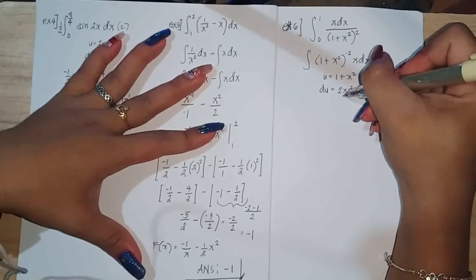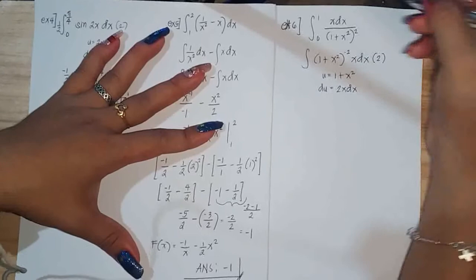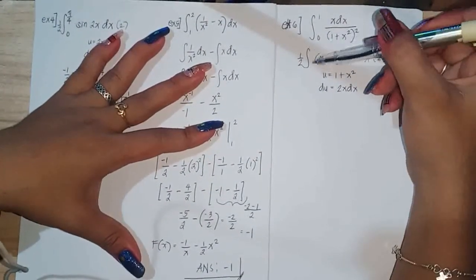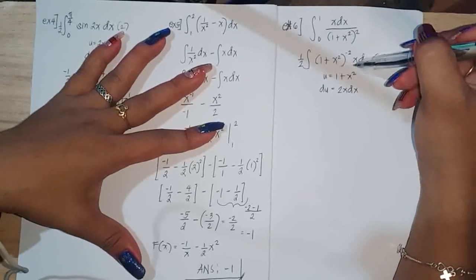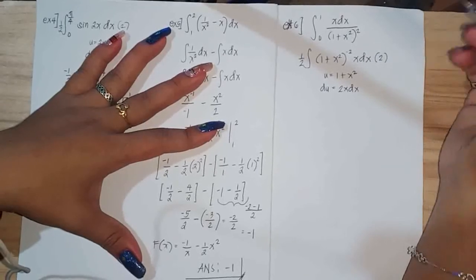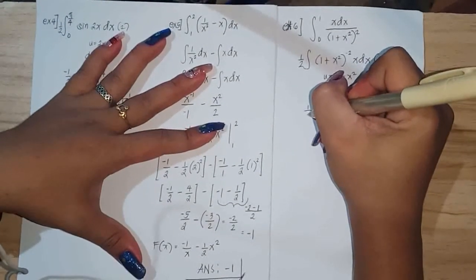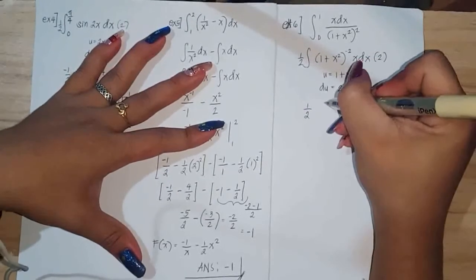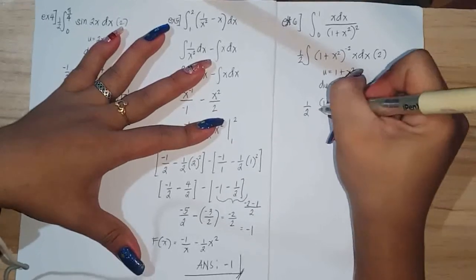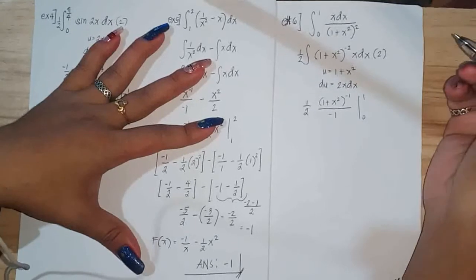So we have x dx at the original equation. We'll just need to insert 2, then balance by 1/2. You will now have 1/2, then the integral of u raised to negative 2 du. And the equivalent of that is u raised to negative 1 over negative 1. So you will have positive 1/2 multiplied to 1 plus x squared raised to negative 1 over negative 1, wherein the limits is from 0 to 1.